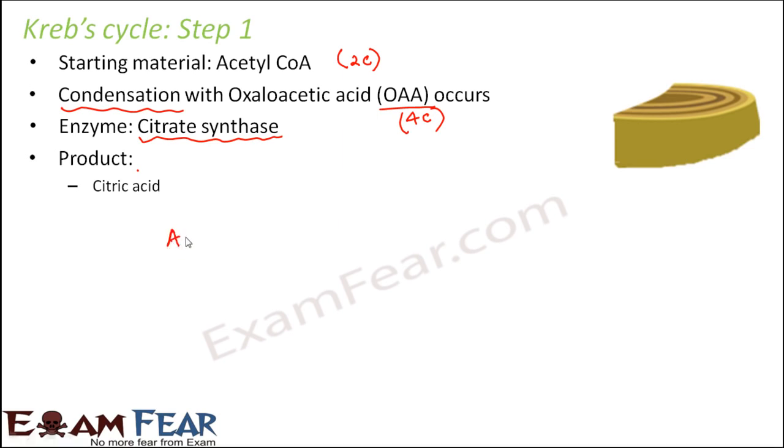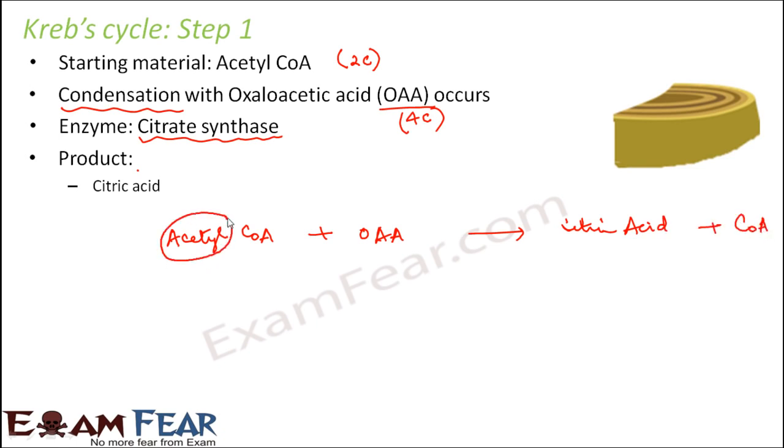This is how it will take place: acetyl coenzyme A will combine with oxaloacetic acid to form citric acid plus coenzyme A. Basically this acetyl group will combine with oxaloacetic acid to form citric acid, and the coenzyme A will get separated and be released separately. That is what happens in step 1, and that is why we say that the first stable product formed in a Krebs cycle is citric acid, and that is why it is also known as citric acid cycle.